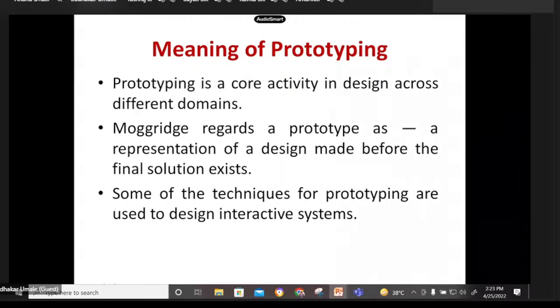Before start of this, you must understand what is the meaning of prototyping. Prototyping is a core activity in design process and different domains.